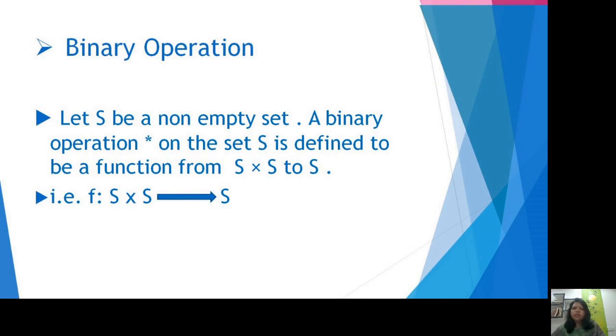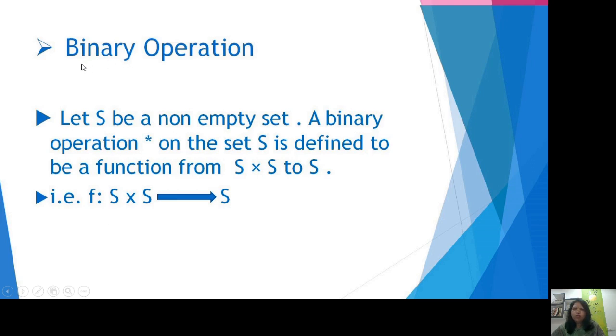Now let us see binary operation. What is the definition of binary operation? Let S be a non-empty set. A binary operation star on the set S is defined to be a function from S cross S to S. Here, what does the word binary represent?